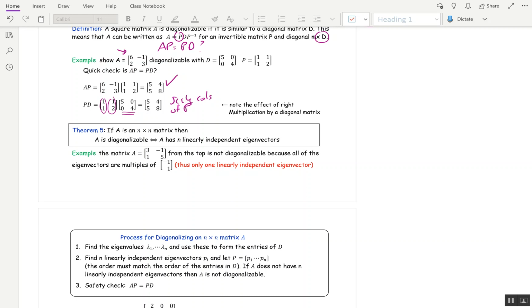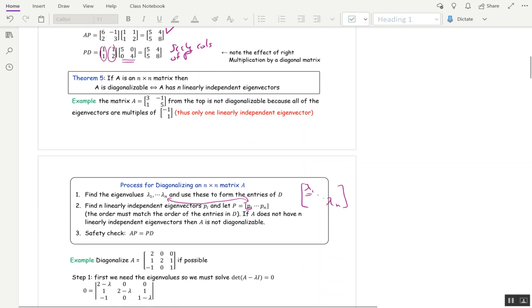And if you have n linearly independent eigenvectors, you're going to put those in a matrix, call it P, and the entries have to correspond to the entries of D. So if you put the values lambda 1 through lambda n in on D, you need to match up the eigenvectors to the eigenvalues in terms of how you order them. And I'll show you what I mean in this example.